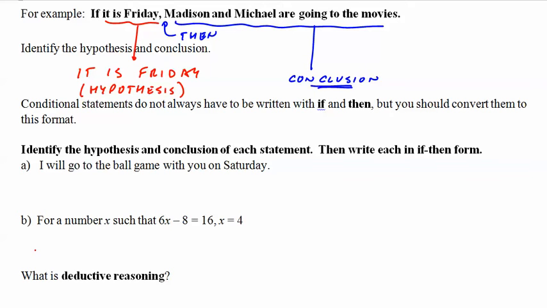Now, of course, we want to get this into mathematical terms, but for me, I'm going to say if it is Saturday, and I am going to rewrite it, and I'm going to put if-then in it. Then I will go to the ball game.